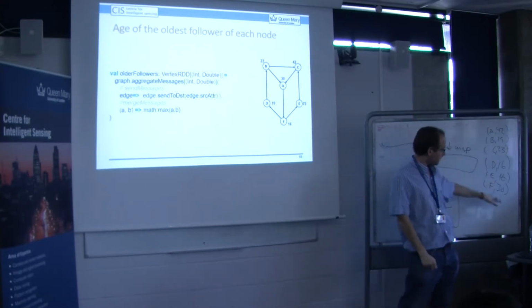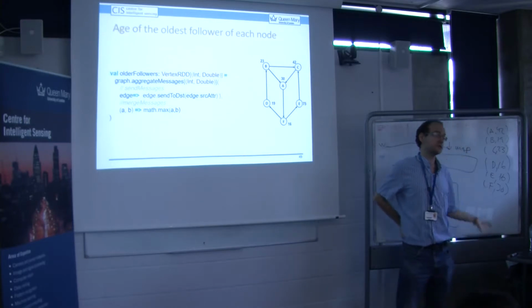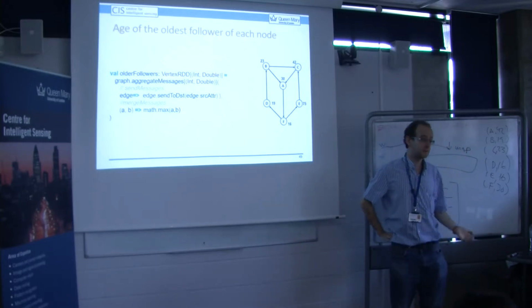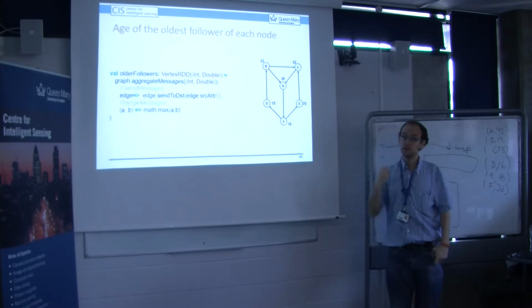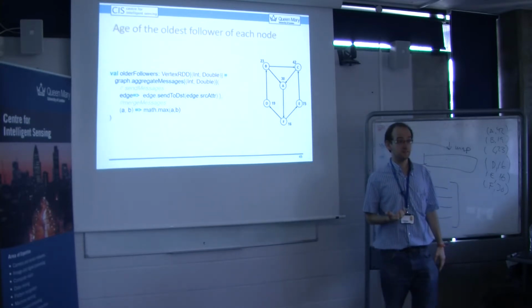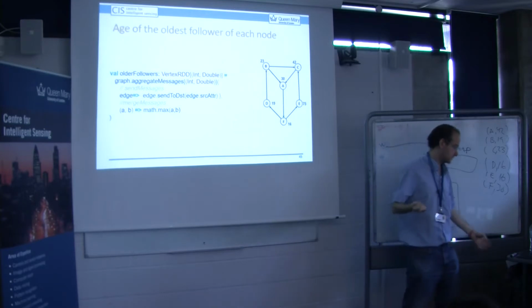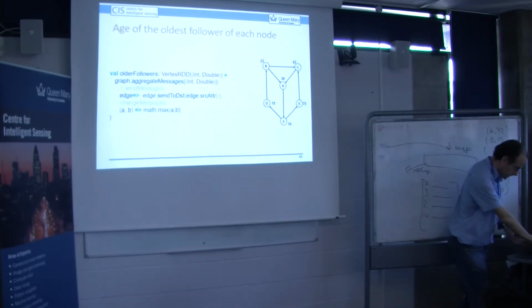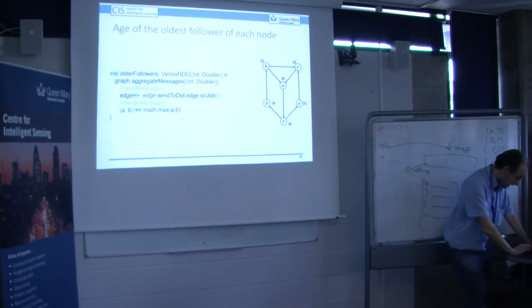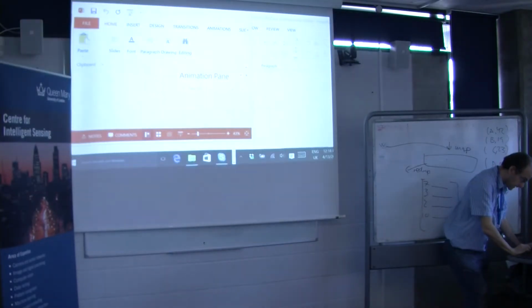If rather than wanting to perform this computation, we wanted to manually obtain the in-degree of each one of the vertices of my system, I could also do that. What I would need to do in this case is basically change those two functions.